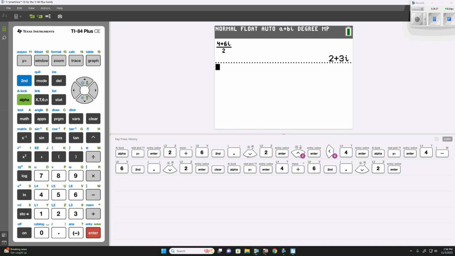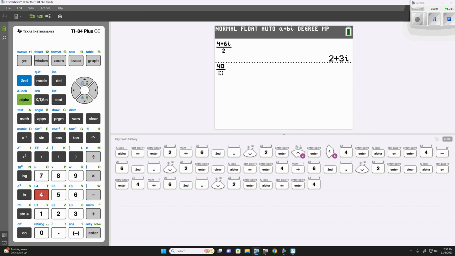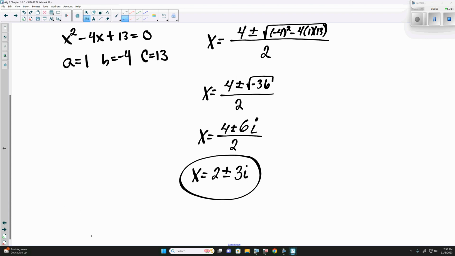Now we could plug this into the graphing calculator because it is with I. 4 plus 6I over 2 is 2 plus 3I. 4 minus 6 over 2, 2 minus 3I. So we get our 2 plus or minus 3I. Questions on this here?